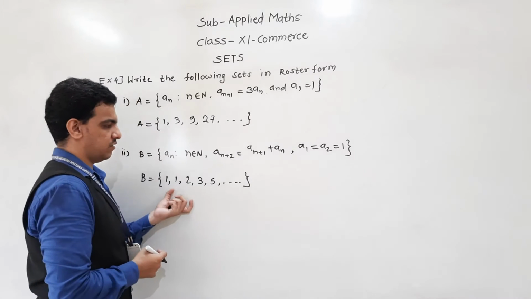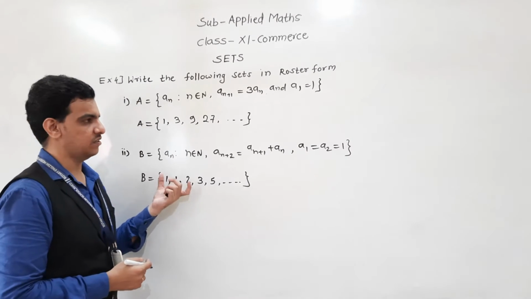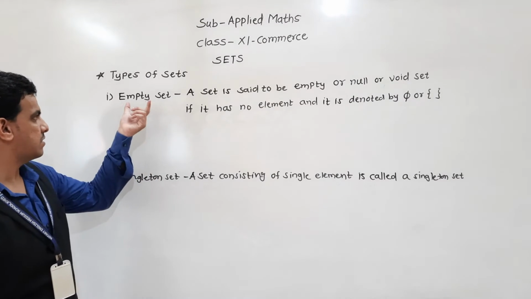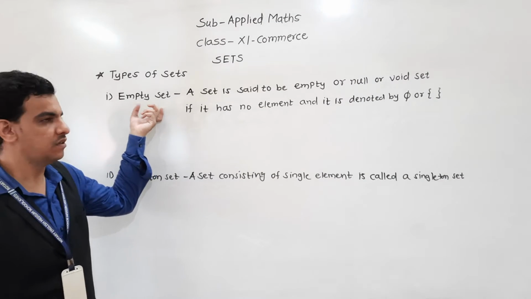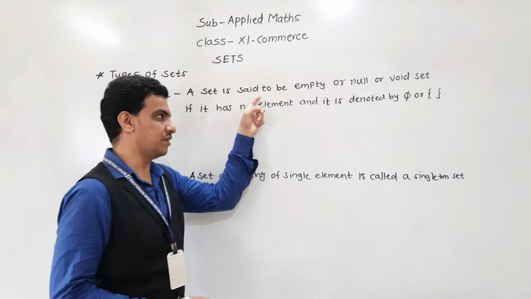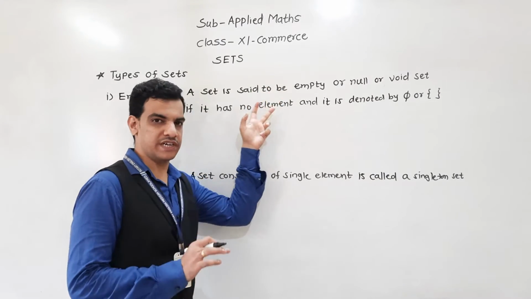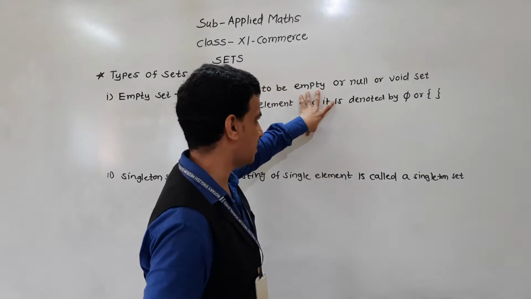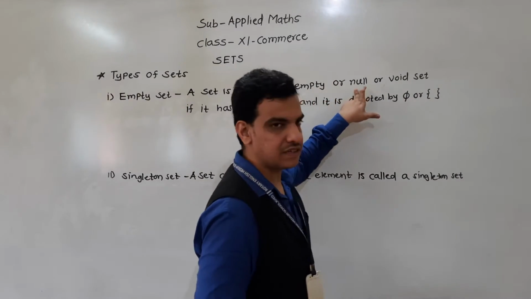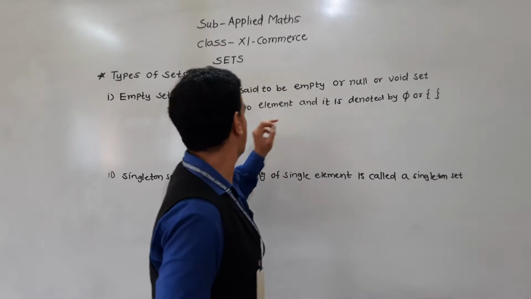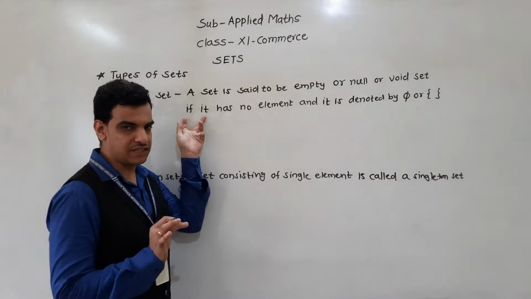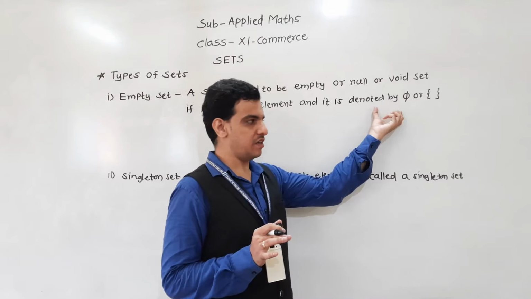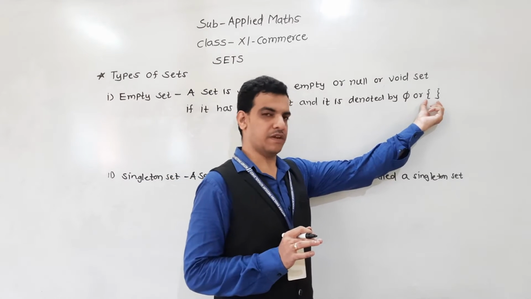Now we will take the next point, that is the types of sets. So the first set is the empty set. A set is said to be an empty, null or void set if it has no element, and it is denoted by phi or only these two curly brackets.